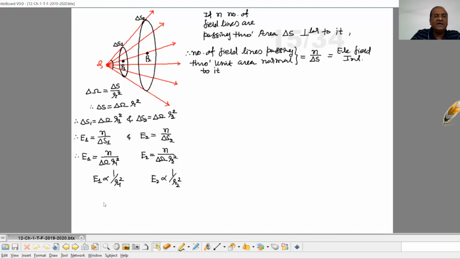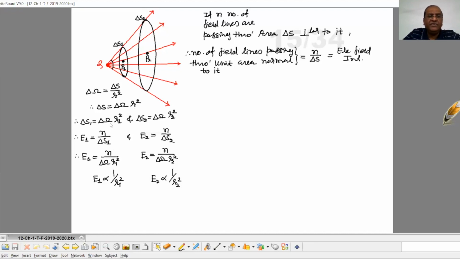As per that, the number of field lines passing through unit area at P1 is n upon delta S1, but as per definition that is the electric field intensity at P1. So E1 equal to n upon delta S1. Similarly at P2, the electric field intensity E2 is n upon delta S2. Clear?